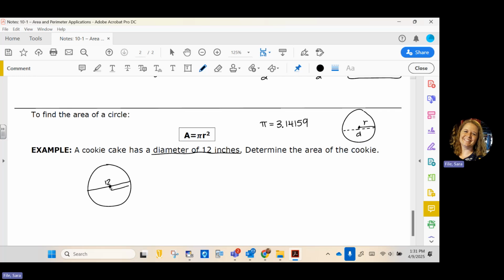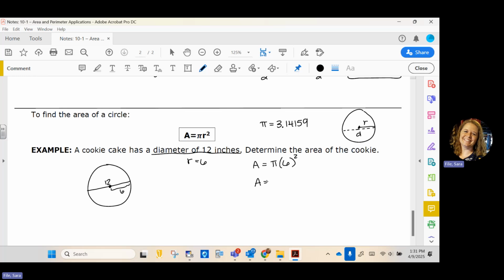What's halfway across going to be? What's half of 12? So the radius is 6. So the radius is 6 if the diameter is 12. Determine the area of the cookie. So area is pi, r is 6, and then it's squared, pi r squared.